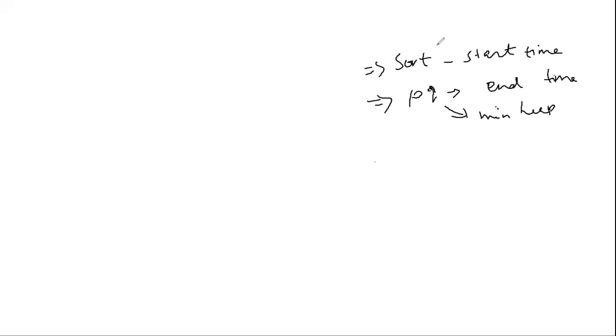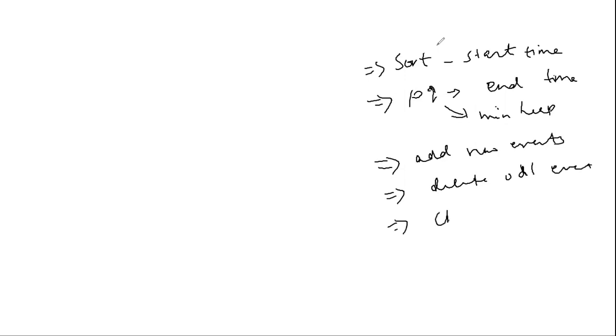And every day when you come here, as we wrote in the previous things, we add new events starting from today, delete old events or expired ones, and then choose one, right? Yes.